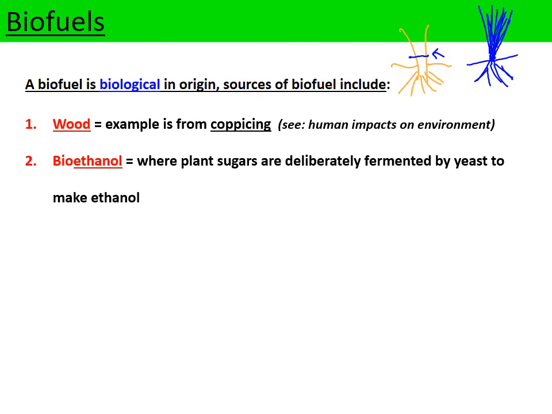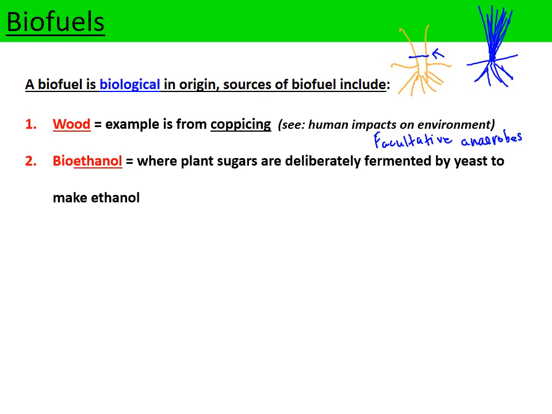Now, we know, if we go back to the first slide, anaerobic respiration can take place inside certain microorganisms like yeast. Now, we call yeast facultative anaerobes, and that means that these yeast cells, a type of fungus, will respire aerobically in the presence of oxygen.